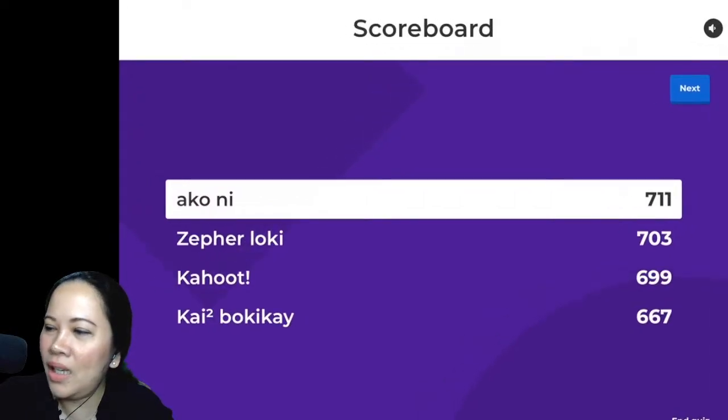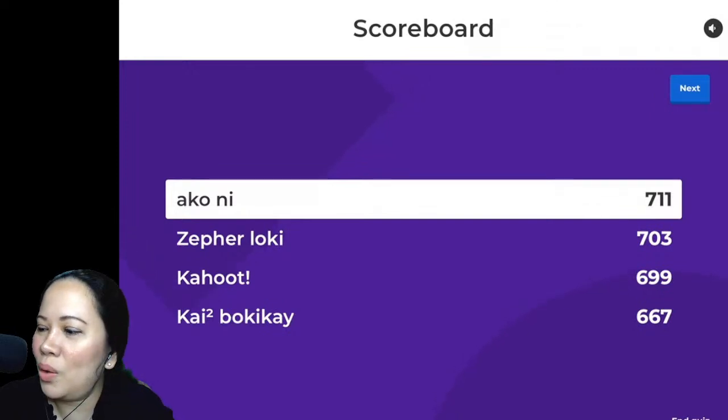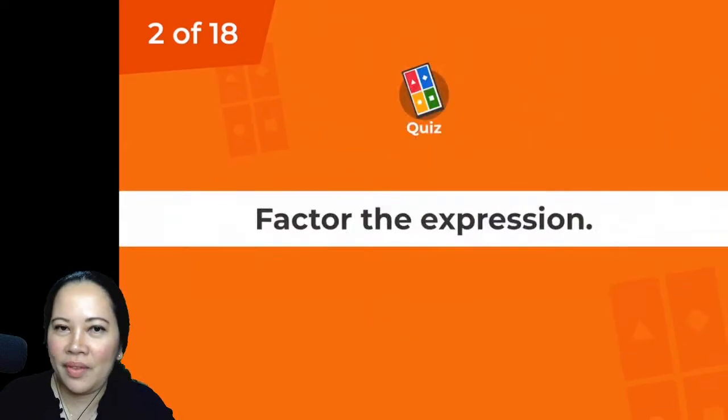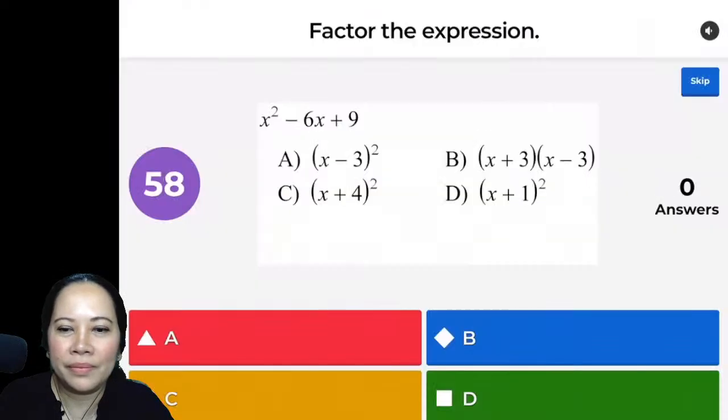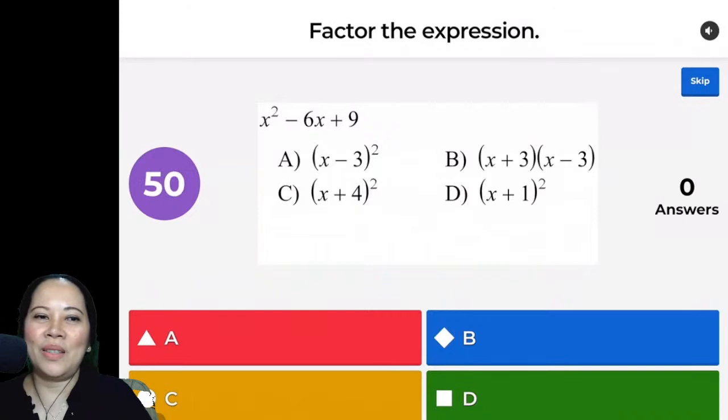Okay, next one. Still on the lead is Akuni. I do not know who is Akuni. Factor the expression given. The last one here is C.